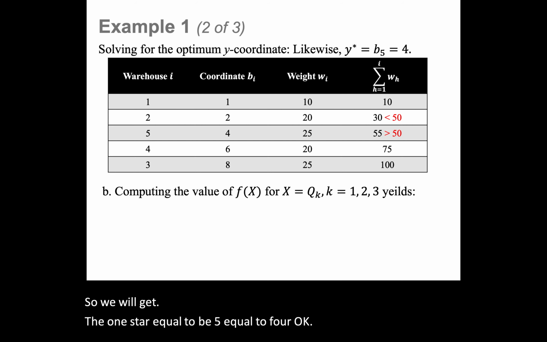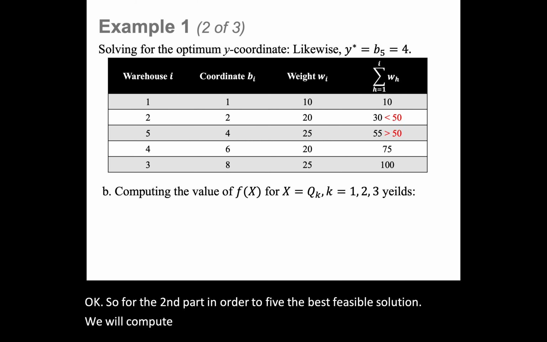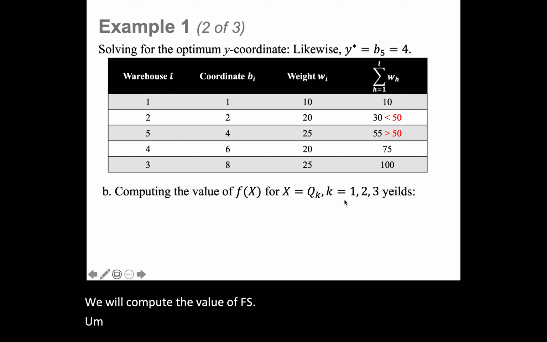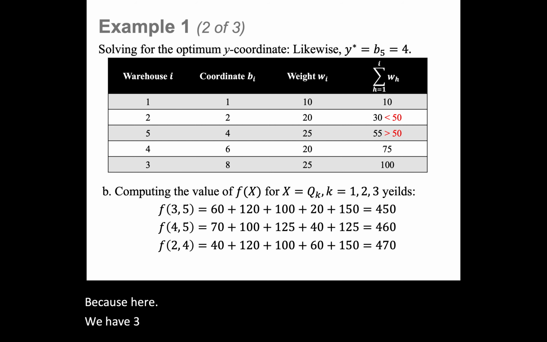Okay, so for the second part, in order to find the best feasible solution, we will compute the value of f(x). Because here we have three candidate coordinates, right? So we will compute the value of f(x) for the three coordinates.